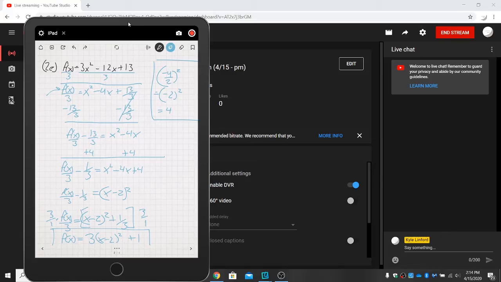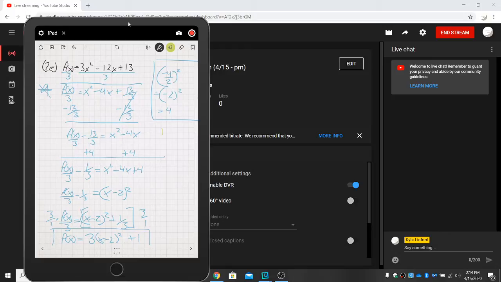So if you set it equal to 0, that really wouldn't have worked in this case. So sometimes it's nice to be comfortable working with this f of x over 3 business. It's a nice way of remembering, hey, at the very end, you've got to remultiply everything by 3.